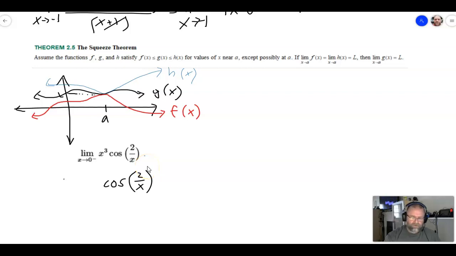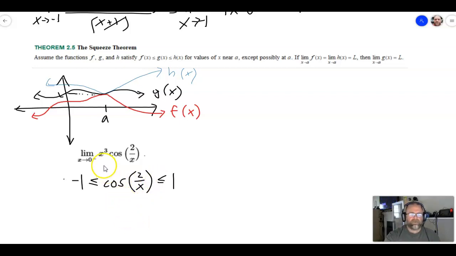Well, according to our unit circle, it can never be greater than positive 1. It can never be less than negative 1, right? Because if we take the cosine or the sine of any angle, the minimum value is going to be negative 1, and the maximum value is going to be positive 1. So that's what I'm going to do here. I'm going to say we know that this has to be less than or equal to positive 1, and it has to be greater than or equal to negative 1, because we can squeeze any cosine or sine function into these two values here.